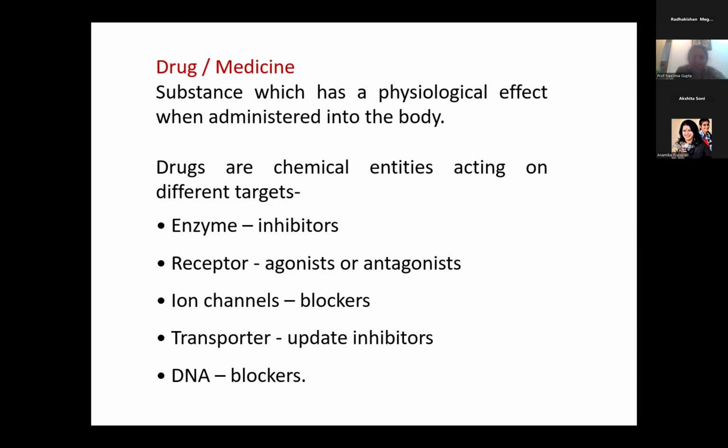Drug molecule might be acting as inhibitor. The drug molecule may act as receptor agonist or antagonist. Then the drug molecule may act as blockers for some ion channels in our body. And they may be acting on the transporters, and they may act as DNA blockers.